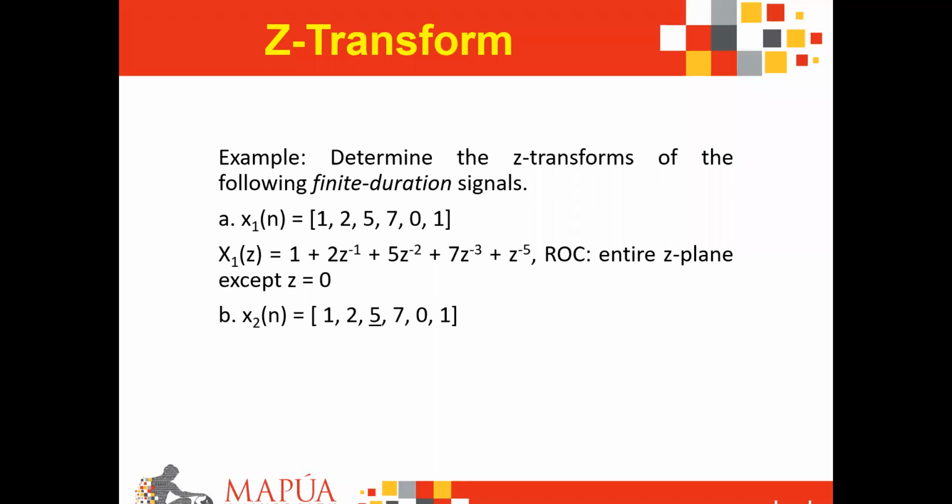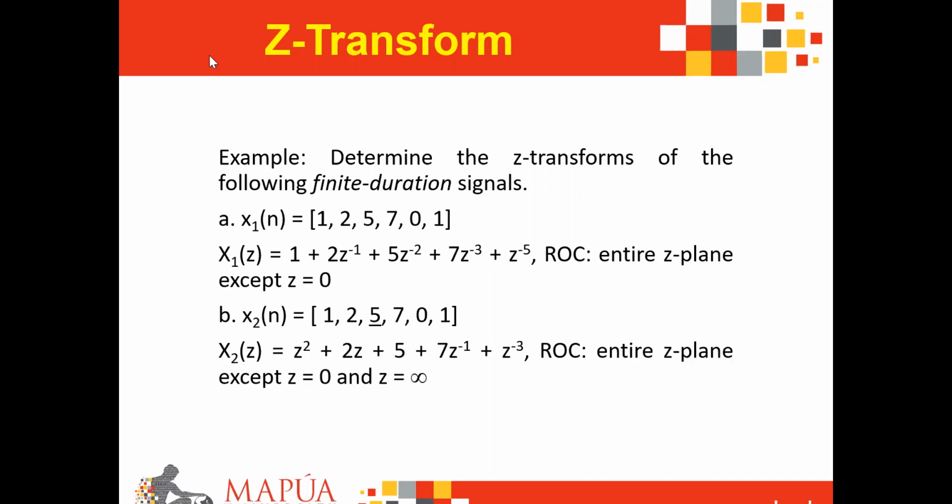Eh, paano to, sir? Ayan. Yung 5 ko, that is where n is equal to 0. Okay? Ayan, paano yan? Nasa gitna, no? Yung signal, n equal to 0, nasa gitna. So, paano naman yan? When we transform that, ganyan ang Z transform. So, what would be my region of convergence?